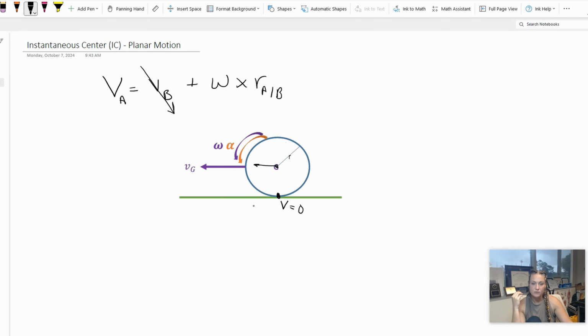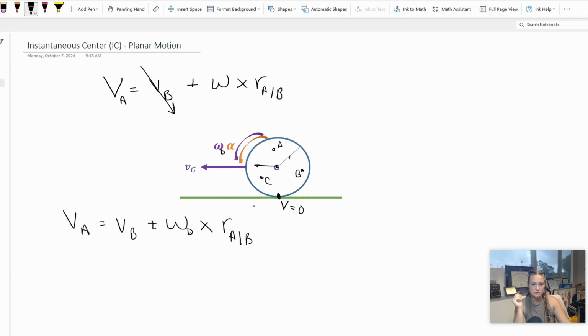So if I wanted to describe the velocity of A, B, and C, I could do relative motion, and I could say that VA equals VB plus omega, and this is of a disk, so let's call this omega D, omega D cross RA with respect to B. I could also, though, because maybe I'm only given this, and I don't know what this is, and I can measure this, but that doesn't really simplify the problem at all.